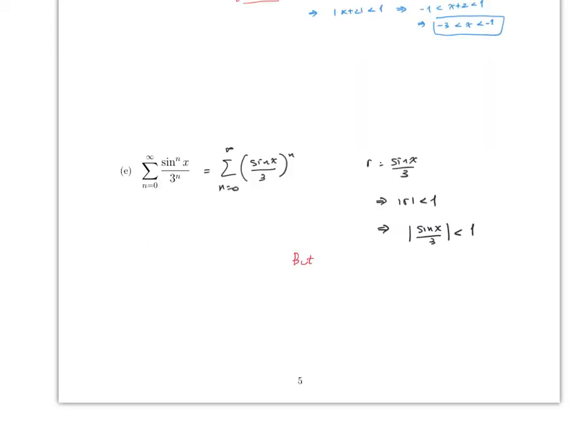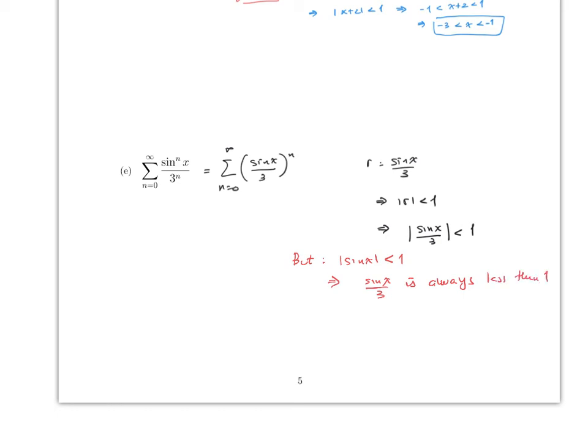But for this particular case, remember the absolute value of sine of x is always less than or equal to 1. So we know sine of x over 3 is always less than 1.